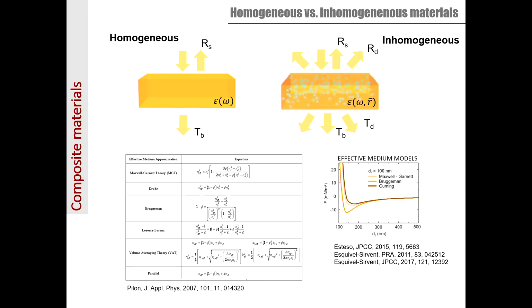Systems like this are usually described through effective medium approximations like Maxwell Garnett, Bruggeman, and some others, but it has been demonstrated that the use of different effective models gives rise to different estimations of the force.